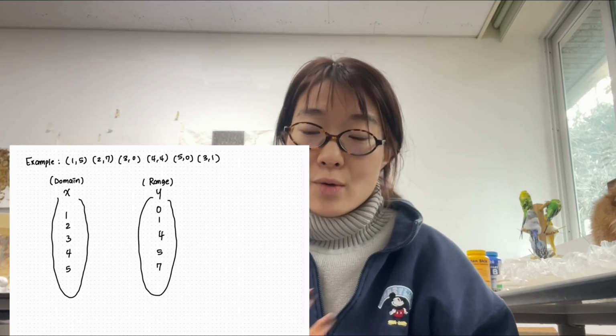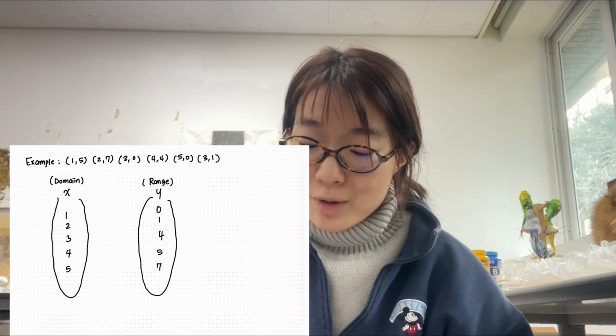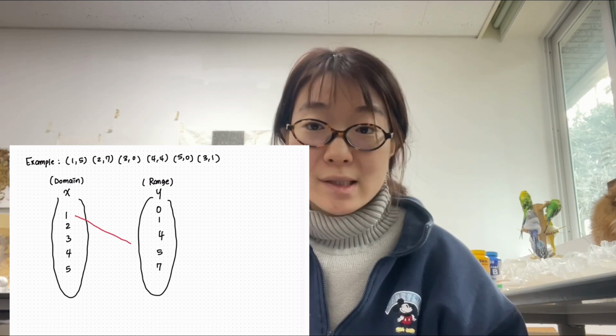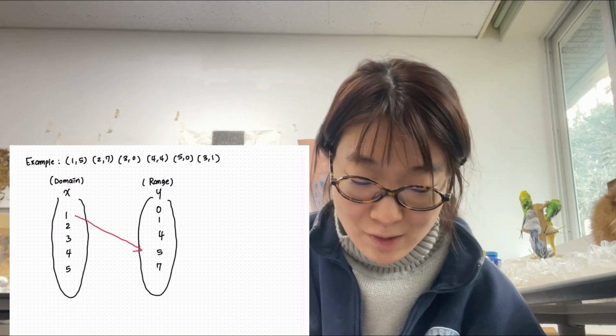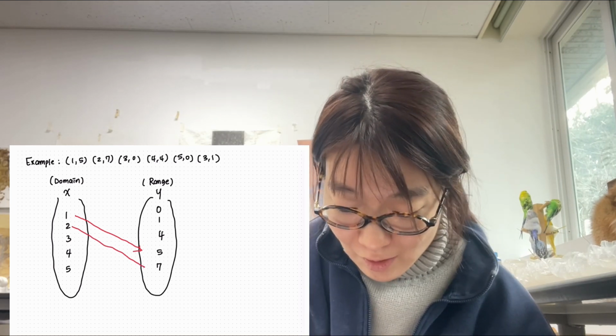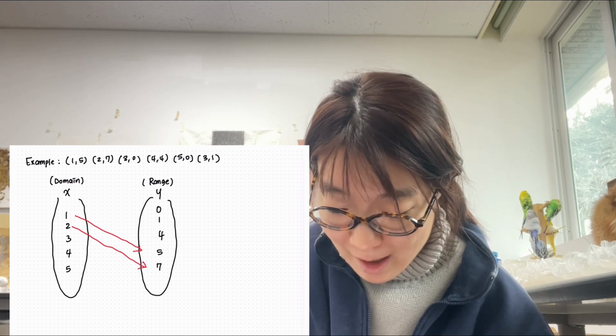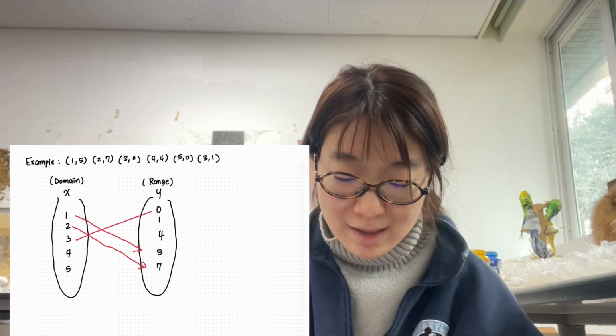And what I'm gonna do is now do a little bit of a Cupid's bow thing and match up all the ordered pairs. So we have 1, 5. So 1 matches up with 5 and 2, 7.